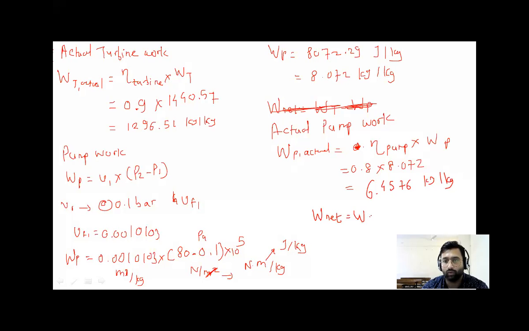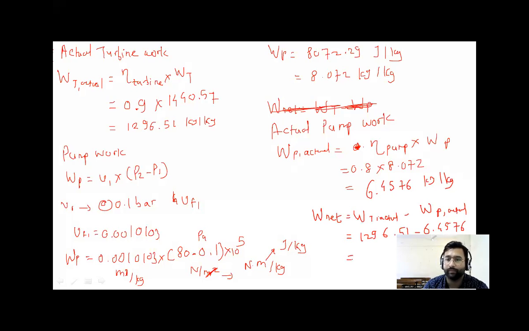Now you calculate net work done. So this will be equal to turbine work actual minus pump work actual. Turbine work actual is how much? 1296.51 minus 6.4576.